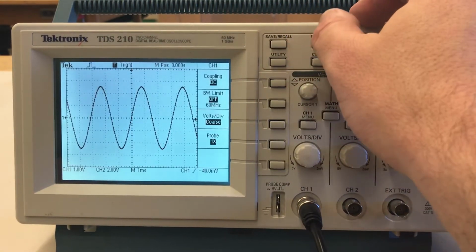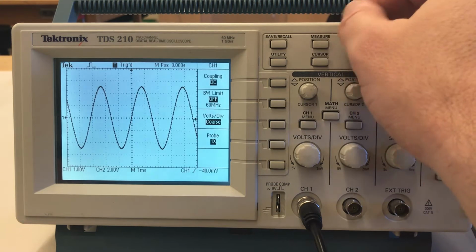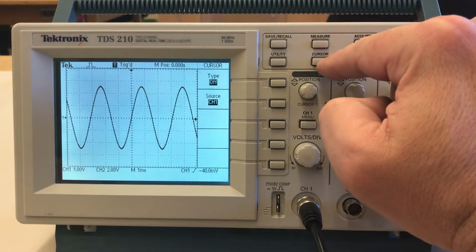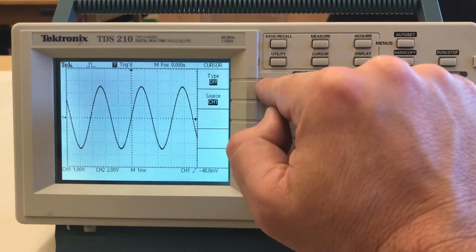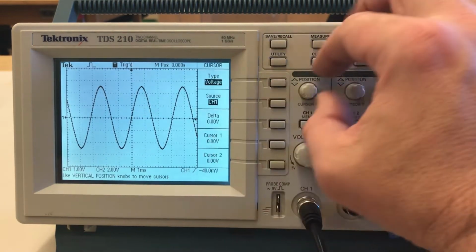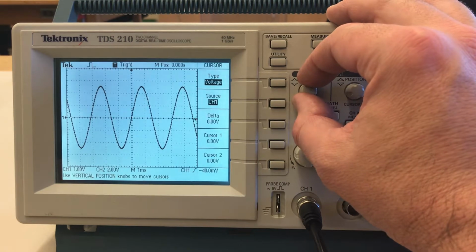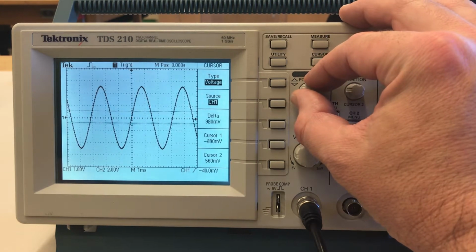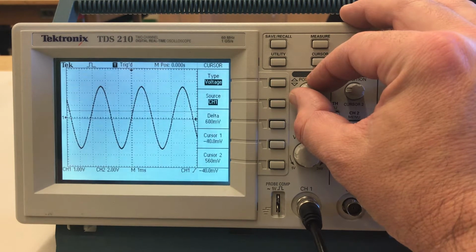If we want to actually measure more carefully, we can use cursors, and there's a button here to enable the cursors. Type is off right now, but I set it to voltage, and now what I have is 2 cursors that I can move up and down. Cursor 1, I'm going to put right at 0 volts.